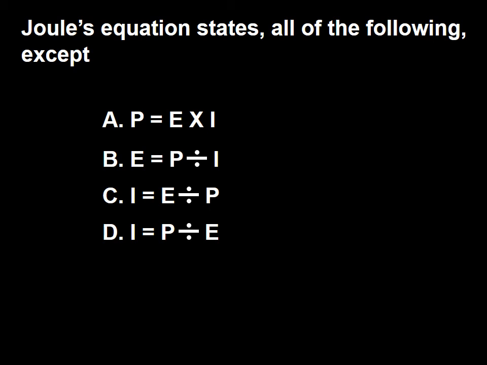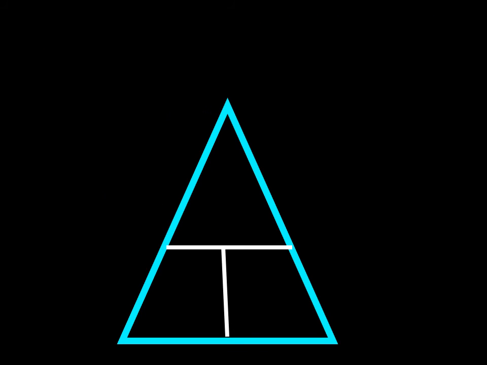Next question. Joule's equation states all of the following except: A, P is equal to E times I; B, E is equal to P divided by I; C, I is equal to E divided by P; D, I is equal to P divided by E. I will use the magic triangle for Joule's law to explain it.